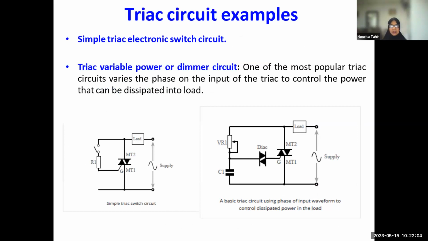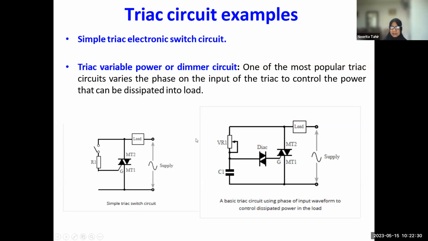There are many ways triacs can be used. The two examples that I'm sharing with you now give some idea of what can be done with this device. One is a simple triac electronic switch circuit here.